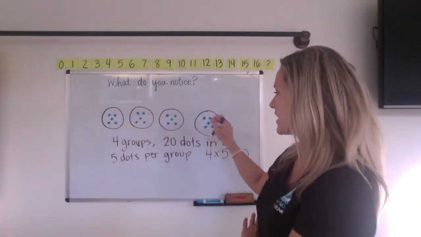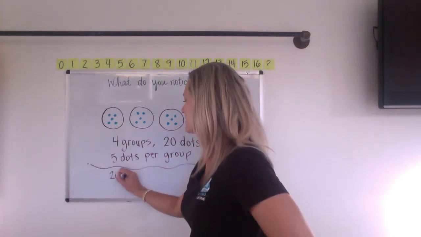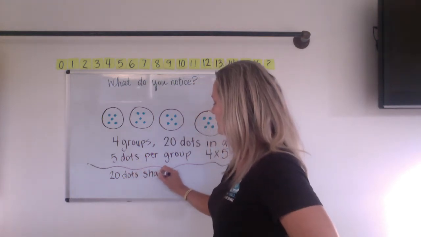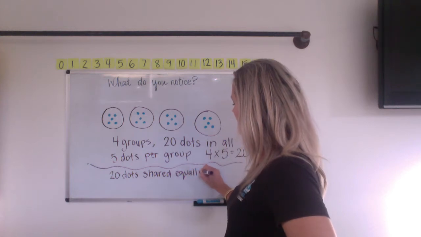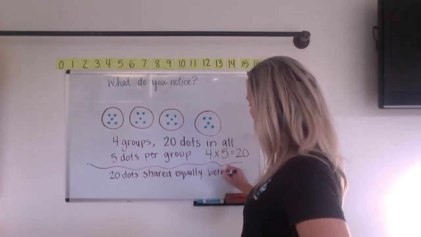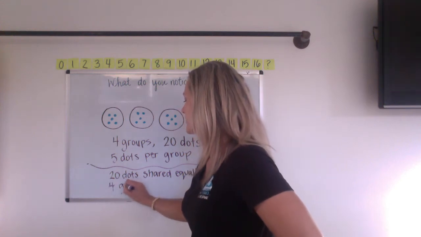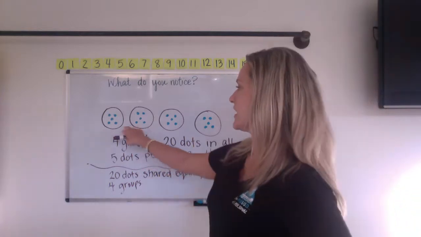So we had 20 dots shared equally between 4 groups. Did anybody notice that? I bet some of you are like, there's 5 dots in every group.